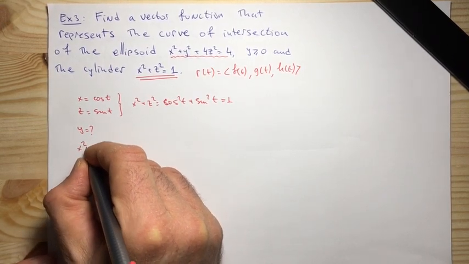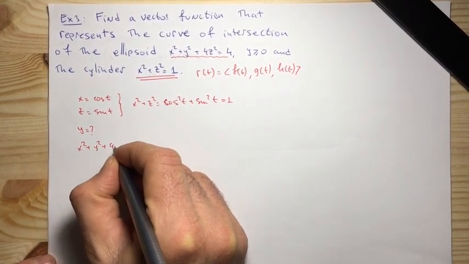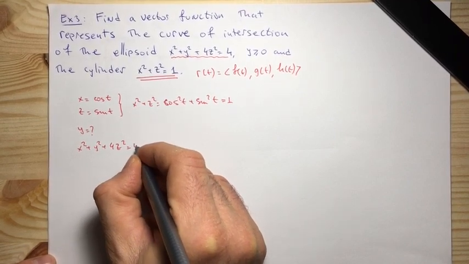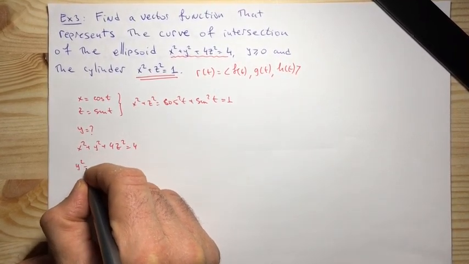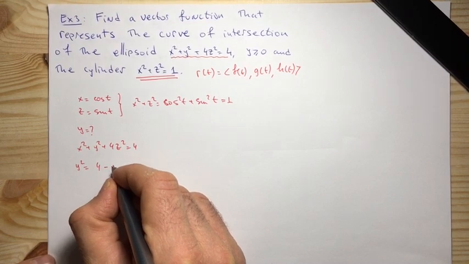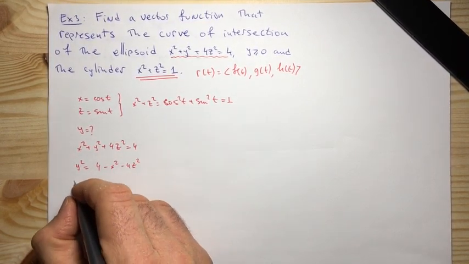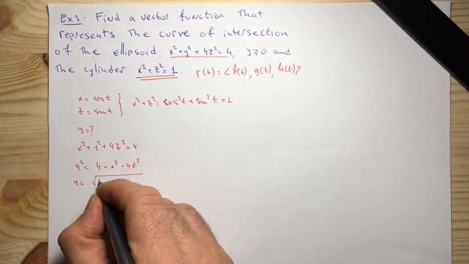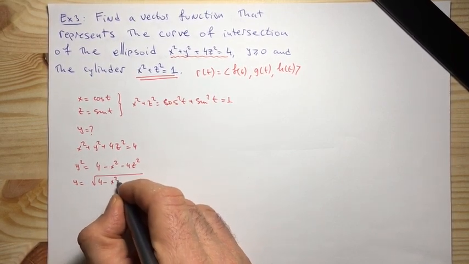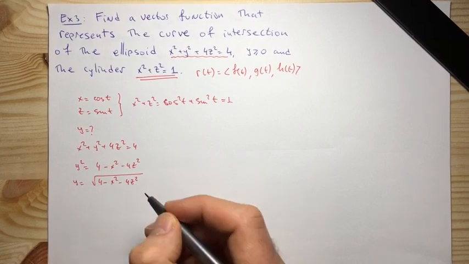So x squared plus y squared plus 4z squared is equal to 4. Y squared is equal to 4 minus x squared minus 4z squared, or y is equal to square root of 4 minus x squared minus 4z squared.